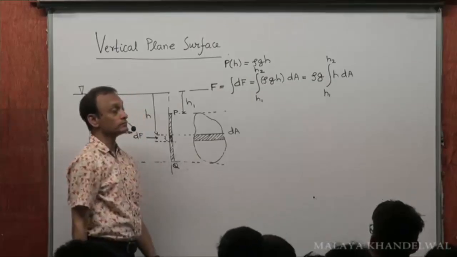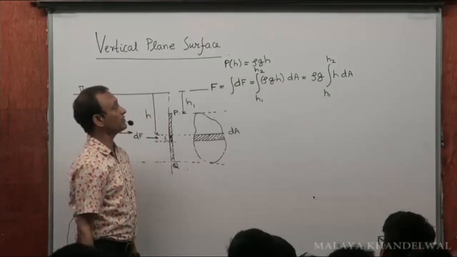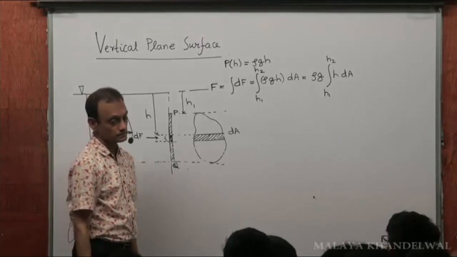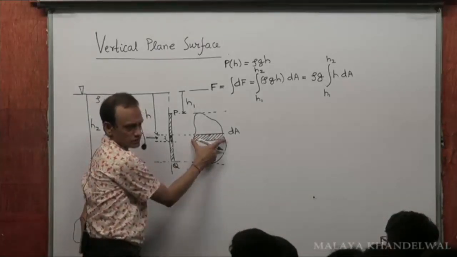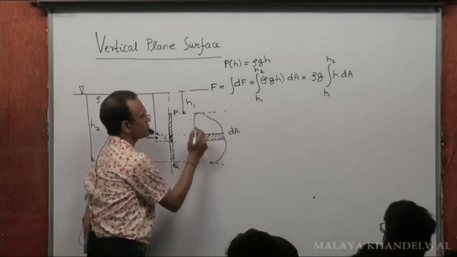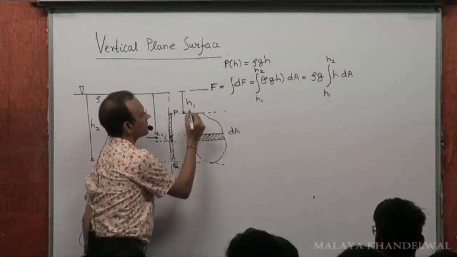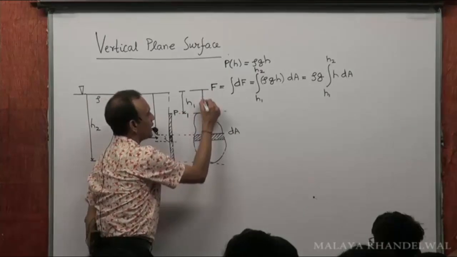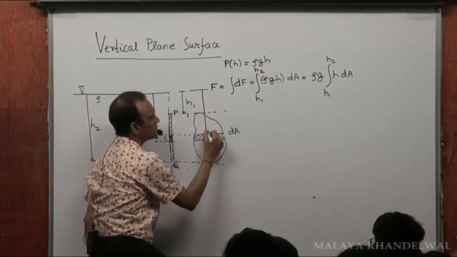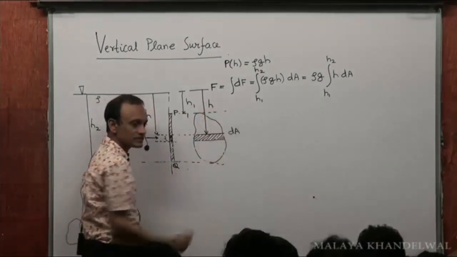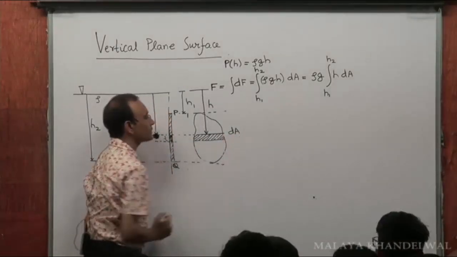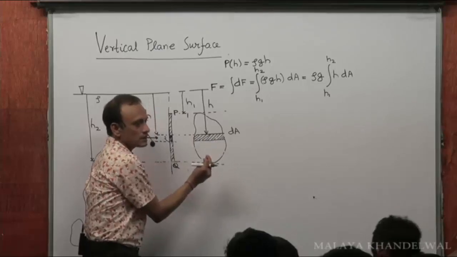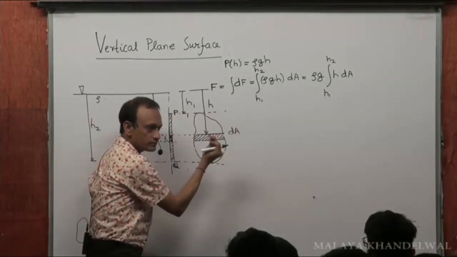Now, I have a remark here. This element that I've chosen is at a depth h below the free surface, right? This is dA. Its mass will be proportional to dA.